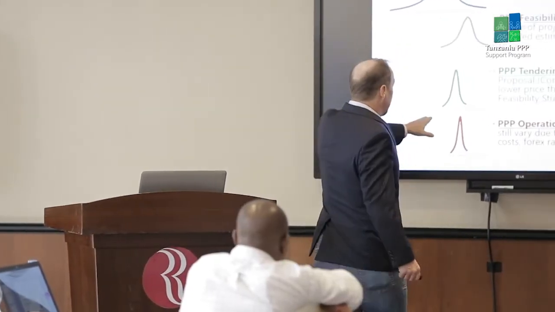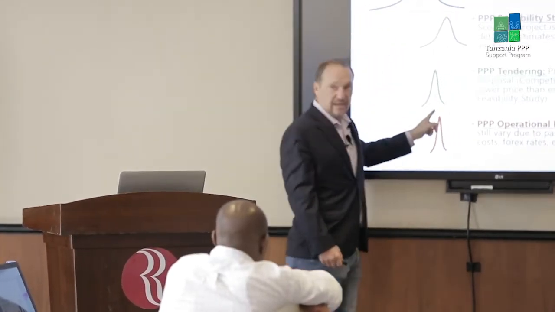When you do tendering, we saw this in the case of the vehicle inspection station yesterday. If you have good competition and if you do allow for innovation from bidders because you allow them to choose the inputs, you'll find that at the tendering phase, oftentimes the price comes down.